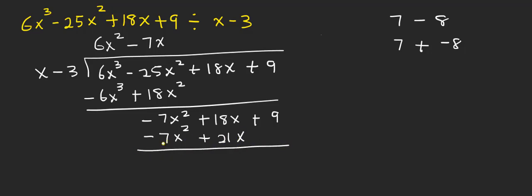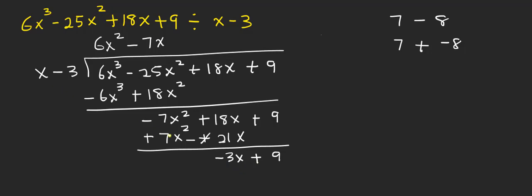Again, we're going to subtract, so we're going to add the opposite. What is the opposite of negative 7x squared plus 21x? That's going to be positive, and that's going to be negative. So add them up, that cancels out, and you will get negative 3x plus 9.